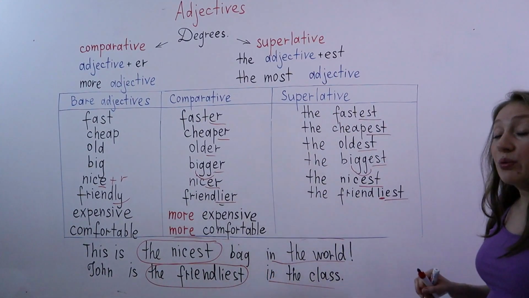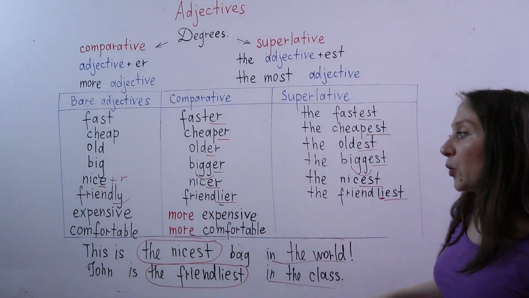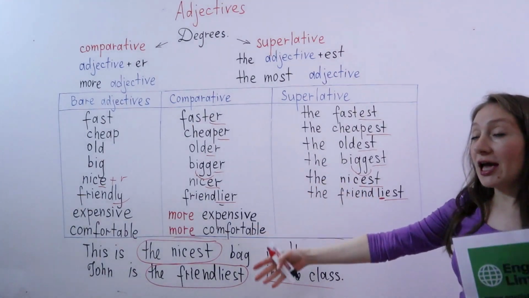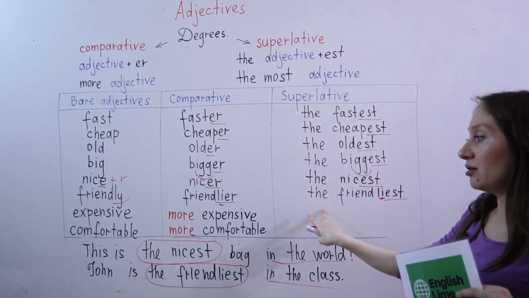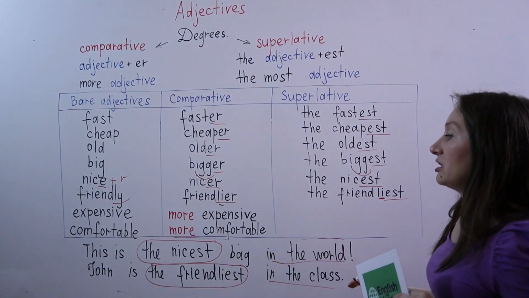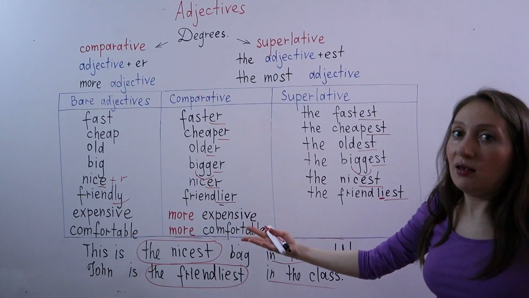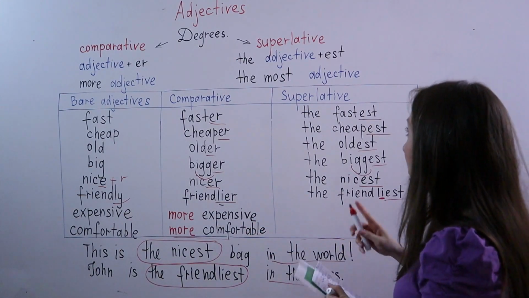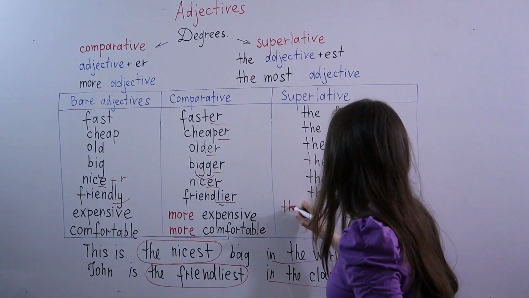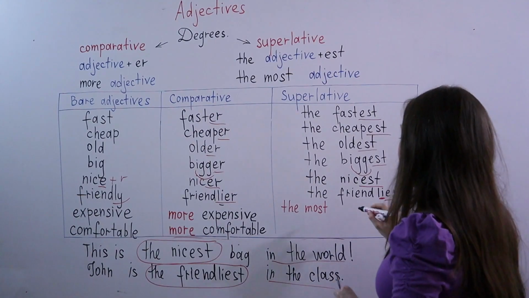And now we will talk about our long adjectives. Expensive, more expensive. This is long adjective. When we have long one, we add the most, right? You don't say expensivest because it's already a long one. Don't make it more difficult. So we will write the most expensive.